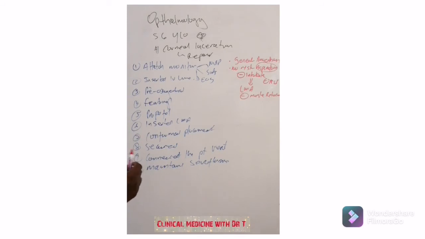And another thing is that, look at this. Sevoflurane is usually used for induction and to maintain anesthesia in the pediatric population because of its properties. One of them is that it's less irritating to the airway compared to the other volatiles.